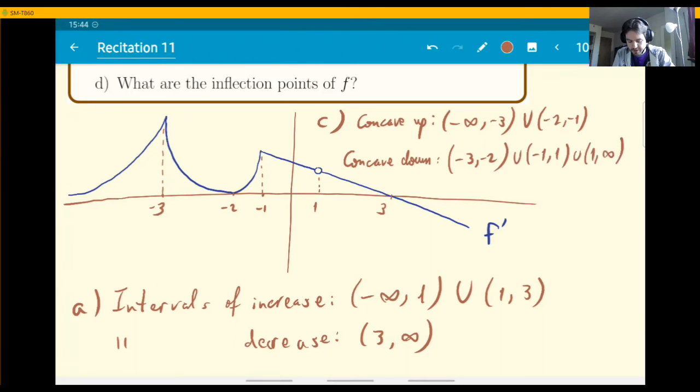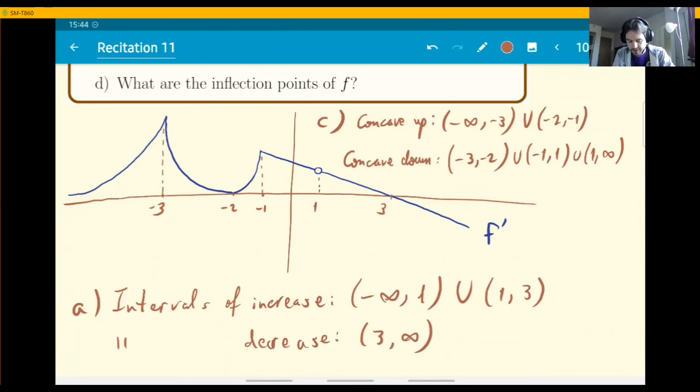And that's it. Yeah, so be very careful. Once again, I'm talking about f here. When I say f is concave down, for example, in the interval -3 to -2, f prime is obviously concave up here. But the concavity of f prime doesn't have much meaning. We're looking at the fact that it decreases. You have to be careful about that.